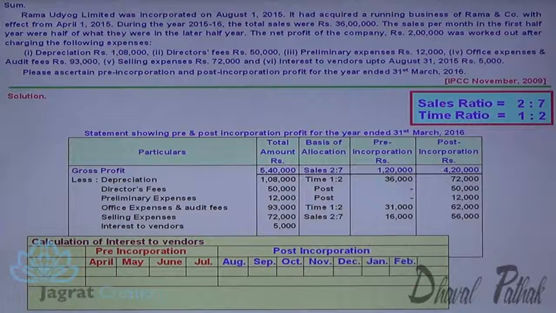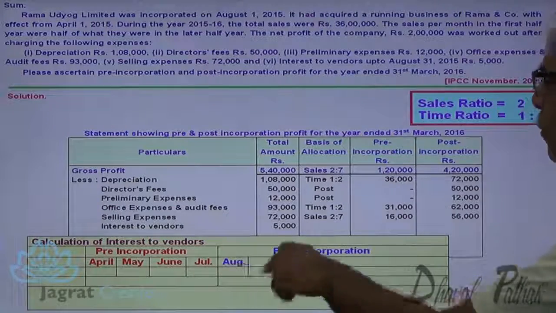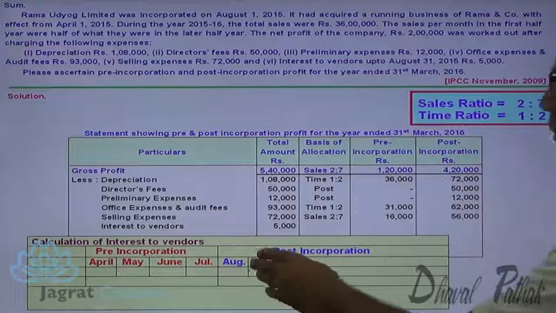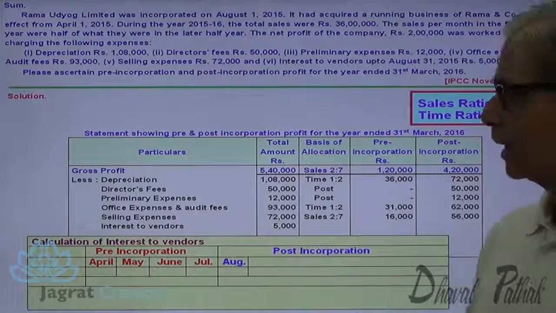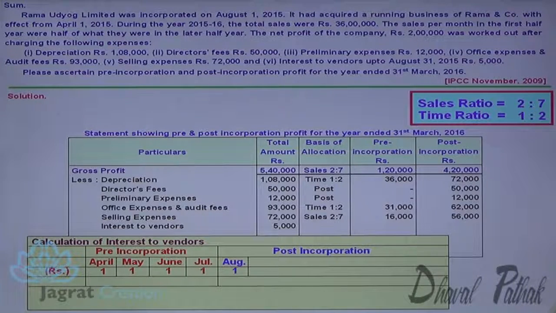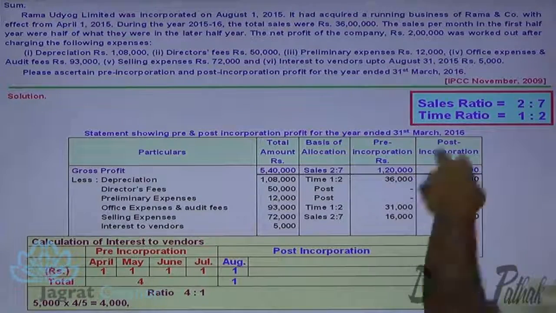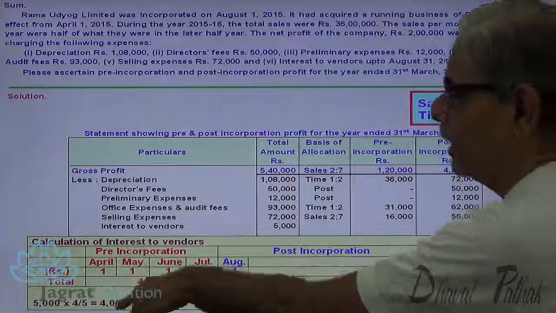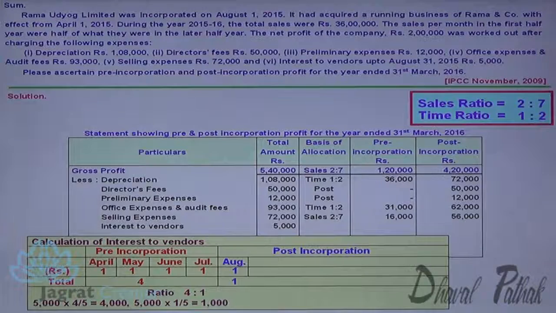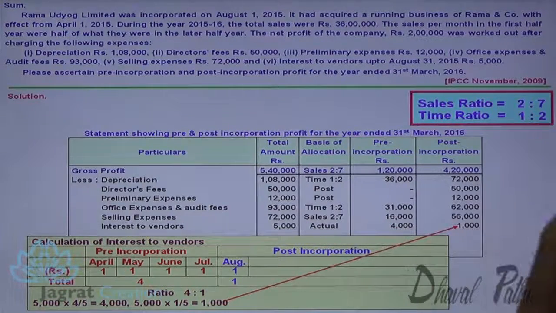It is paid up to 31st of August, so all the subsequent months are irrelevant. So 4:1 is the ratio in which 5,000 is to be distributed, 5,000 into 4/5. So 4,000 pre-incorporation and 1,000 post-incorporation.